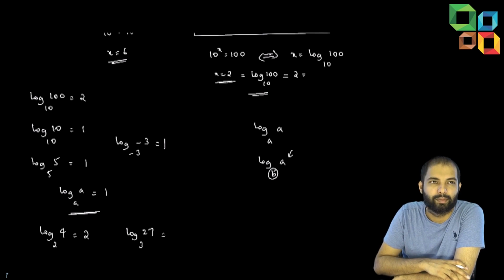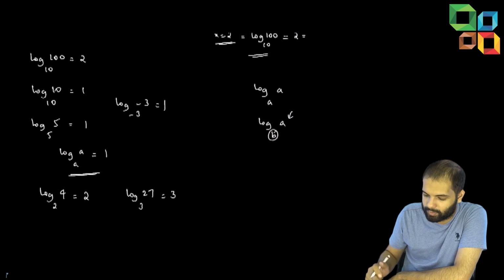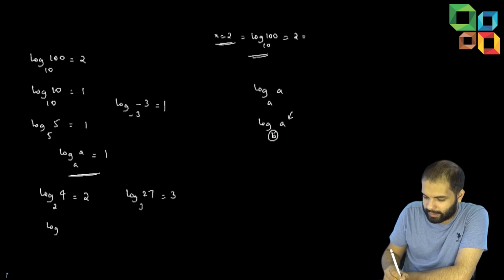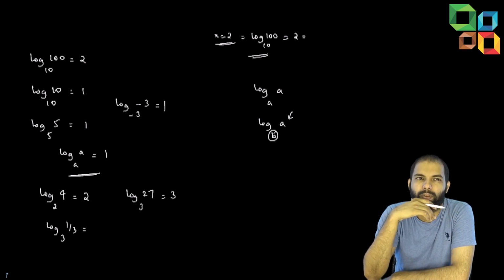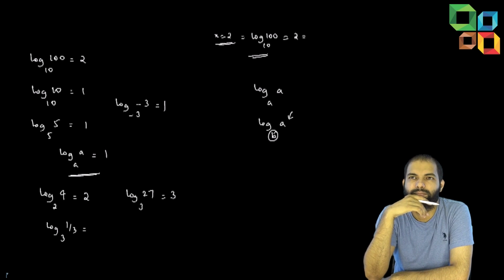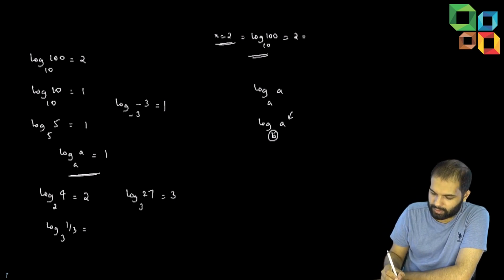Ashutosh, what's your answer? Okay, it's 3. Fine. Now, what about log, say, 1 by 3 base 3? Dhruva, what's your answer? I think it's -1 because 3 has to be raised to the power of -1 to be equal to 1 by 3. Okay.